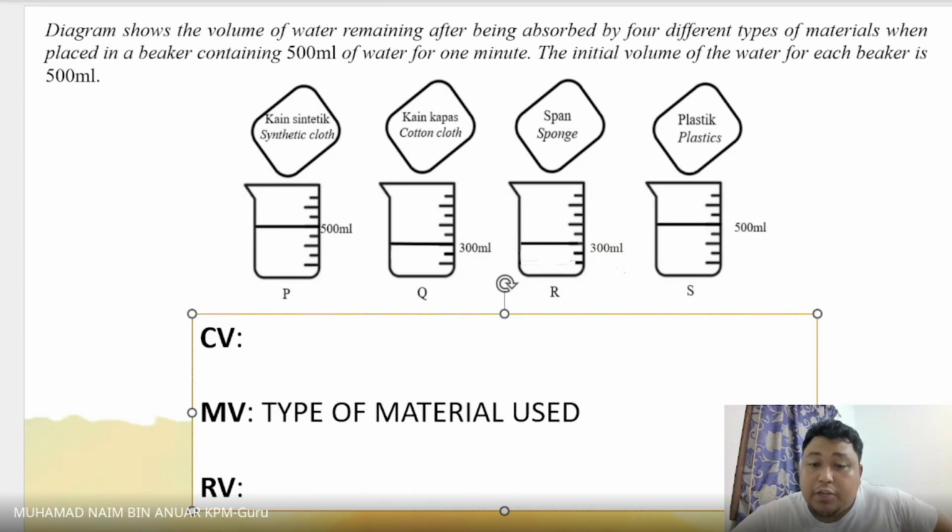When you put synthetic cloth, cotton cloth, sponge, and plastic in the same amount of water and take them out, some of it remains 500 ml, some of it less. So why?